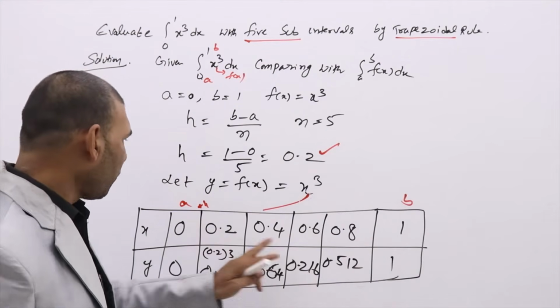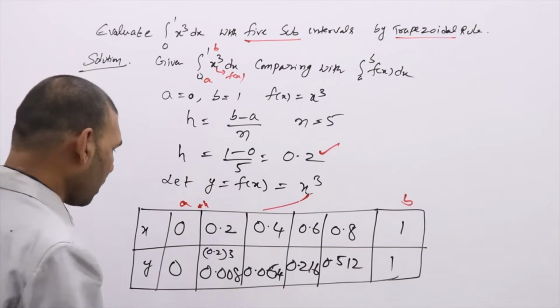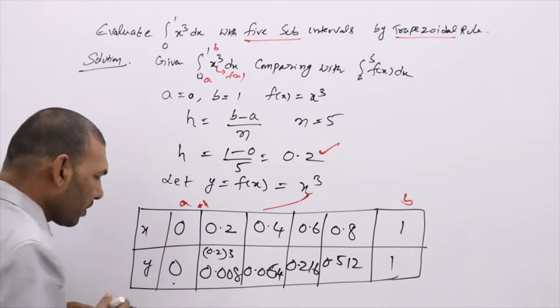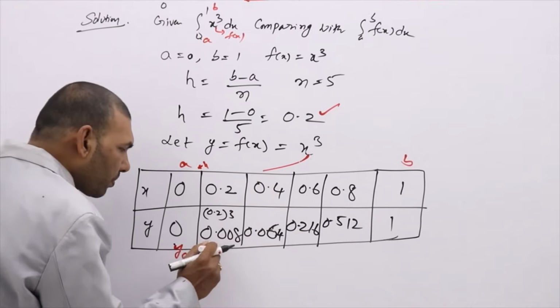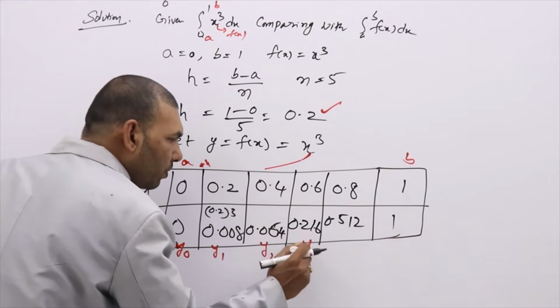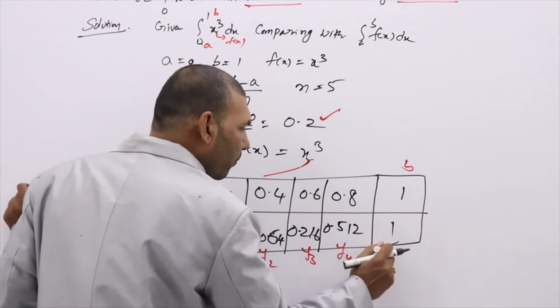So cube all the numbers. Now these will be y0, y1, y2, y3, y4, y5.